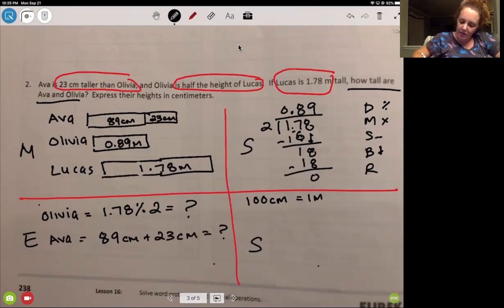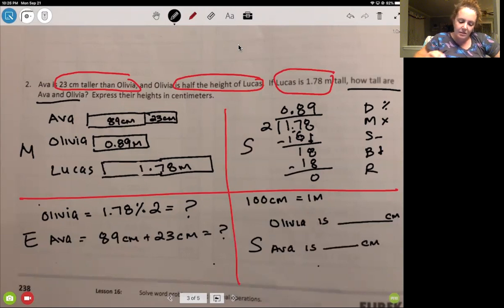So we've already found out that Olivia is 89 hundredths of a meter, which is 89 centimeters, and they want us to put it in centimeters. So Ava is going to be 89 plus 23 centimeters. I'll let you figure that last part out on your own. Just make sure you line up 89 plus 23.